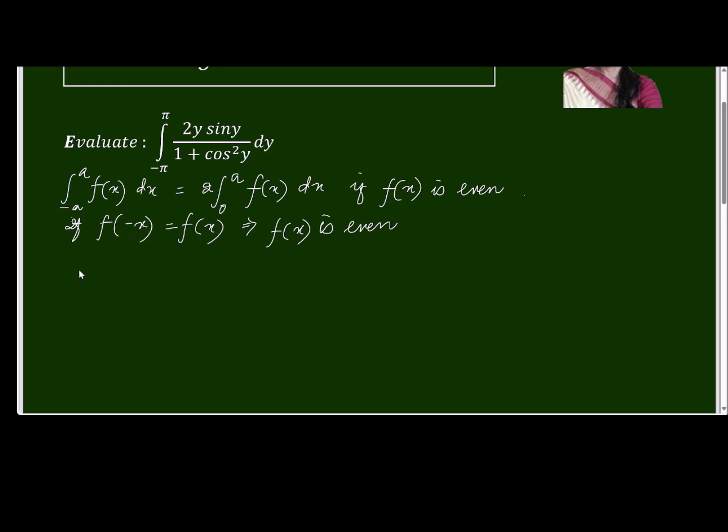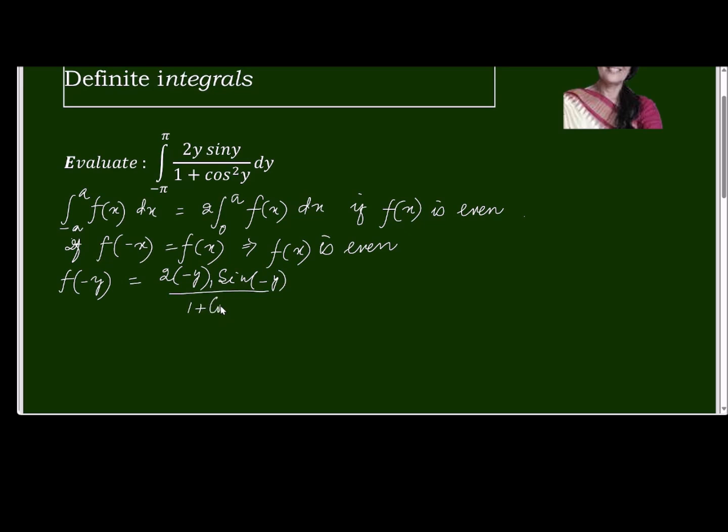So here, if we use f of negative y, we'll find that this is 2 times negative y into sine of negative y, whole over 1 plus cos square of negative y.